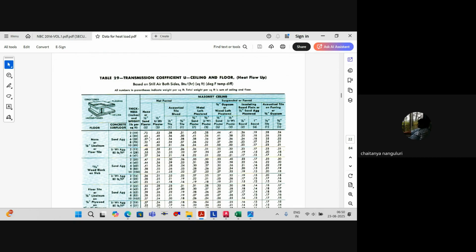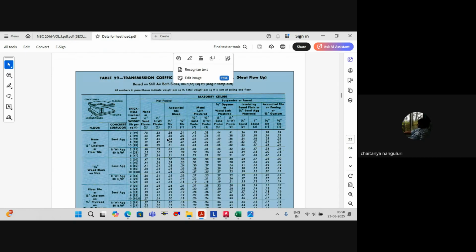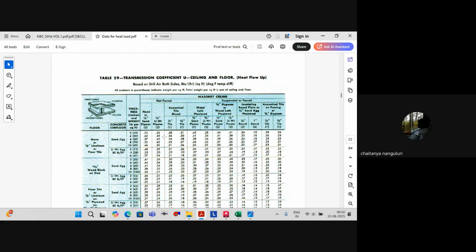Generally we do plastering, and above that people will go for tiles, a half-inch tile. For floor finish you have to do something or the other. Don't you think we'll go for some kind of tiling works? Yes. So we consider some kind of tiles with this, and this value will be 0.34. Understood or not?